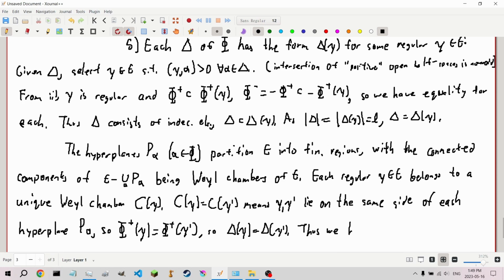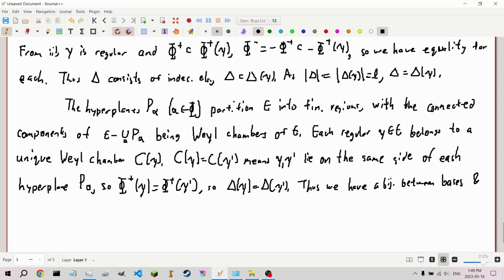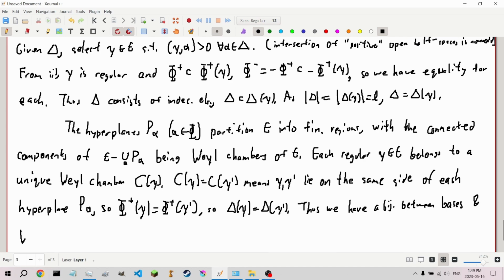Thus, we have a bijection between bases and Weyl chambers. I'm going to write that the chamber of a basis is equal to the chamber of gamma if that basis is generated by that vector.